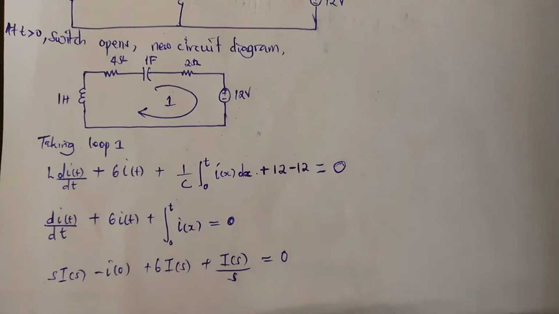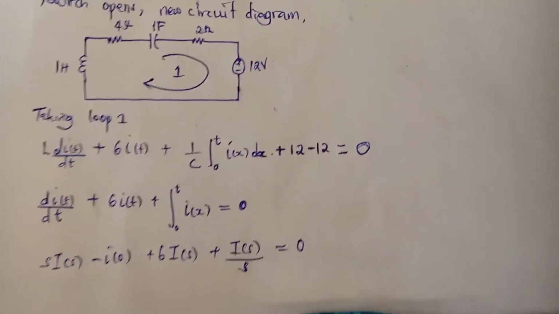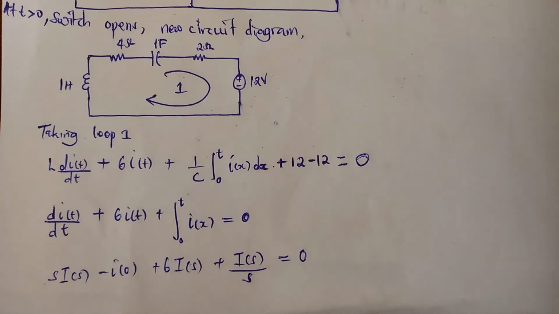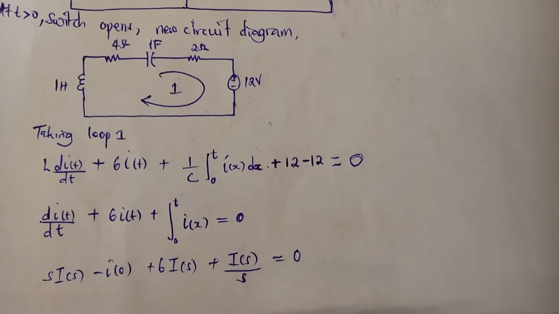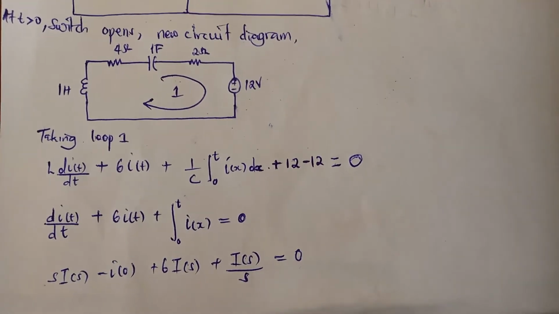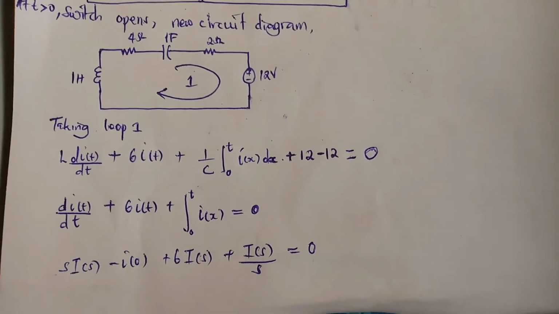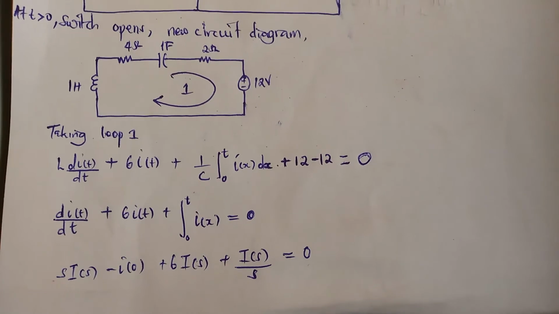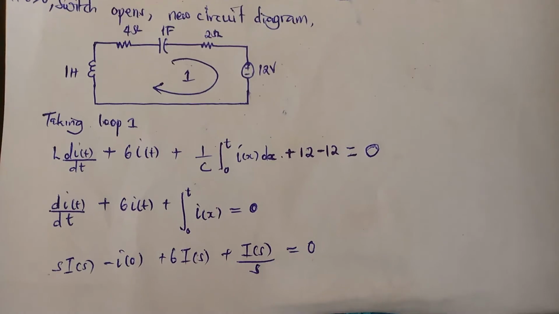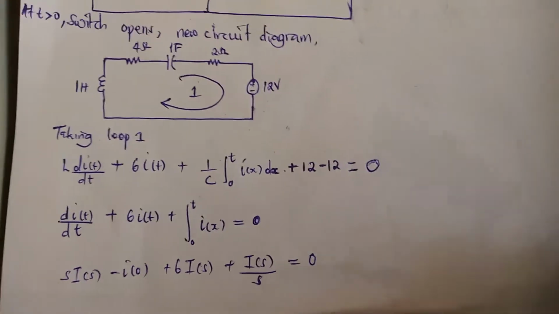Simplifying the equation by substituting the inductance of the inductor, which is 1 Henry, plus 4 plus 2 ohms gives us 6 times the current I at any time t, plus the voltage, which is 1 over C integral from 0 to t of the current, equals 0. Now, transforming the above equation into Laplace transform, the s domain, gives us the equation below.